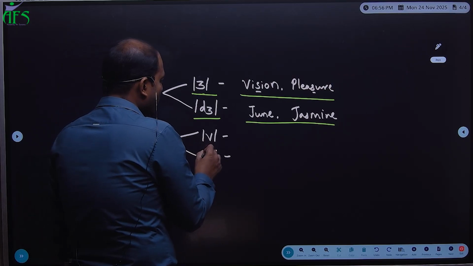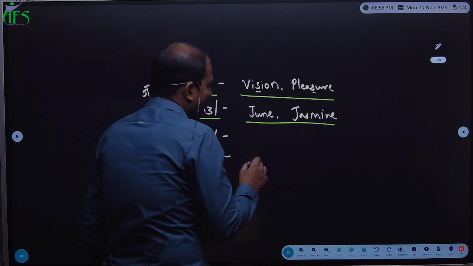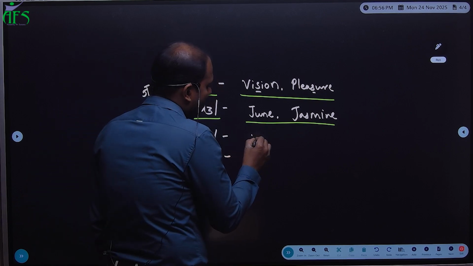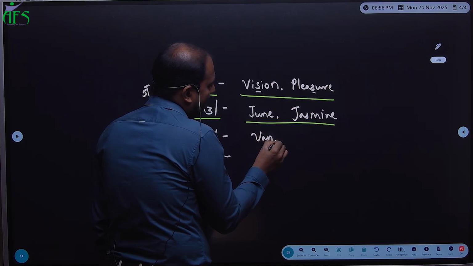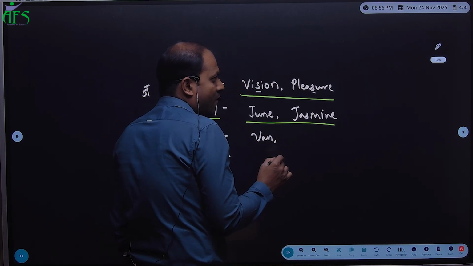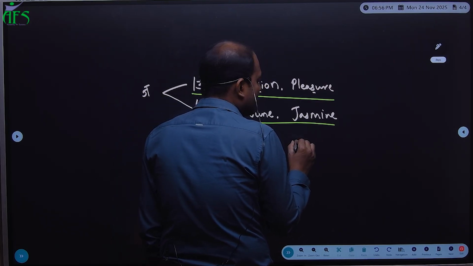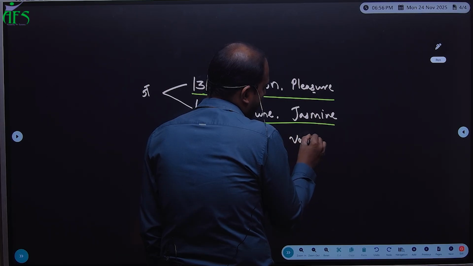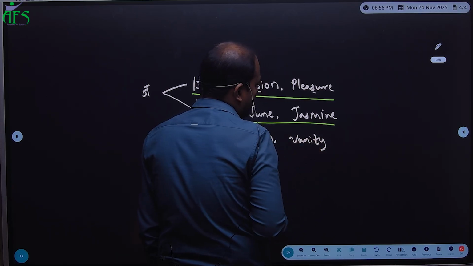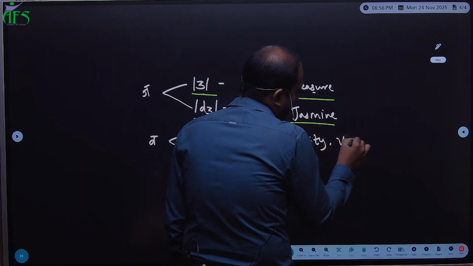And these two w sounds. The first is used in words like van or vanity, or the word wine.